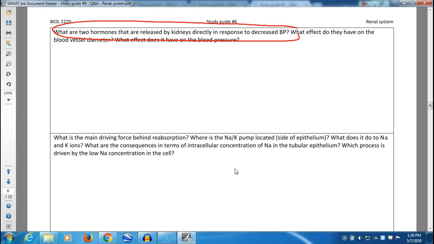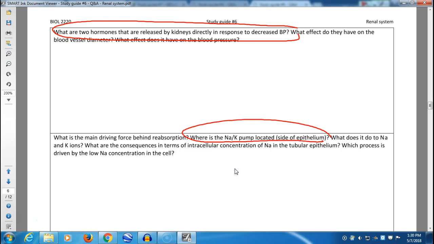In reabsorption, there are a few concepts that I want you to understand. So sodium-potassium pump. On the basolateral side, it pumps sodium from the tubular cells into the blood. We're clear. So sodium in the tubular cells is low because of that sodium-potassium pump.